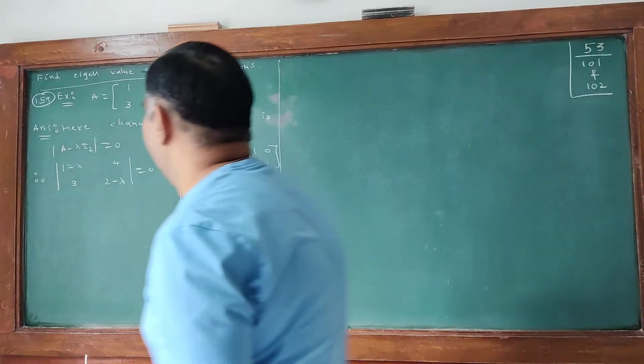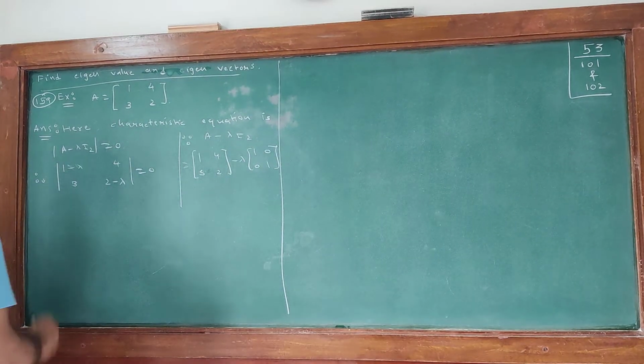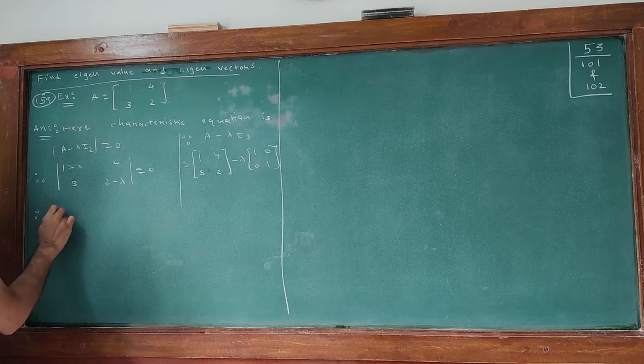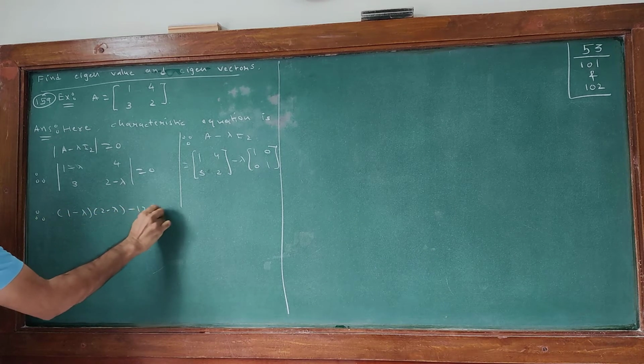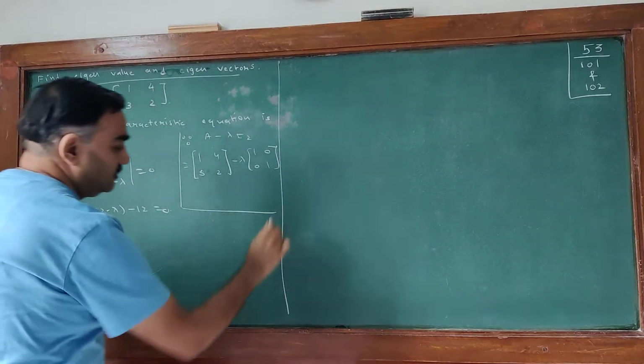Simplify it. Therefore (1 minus lambda)(2 minus lambda) minus 12 equal to 0.